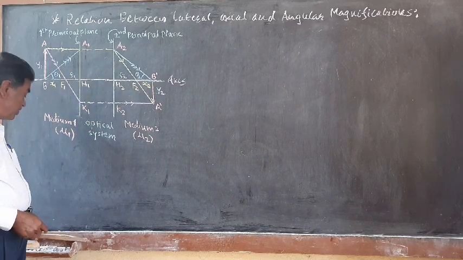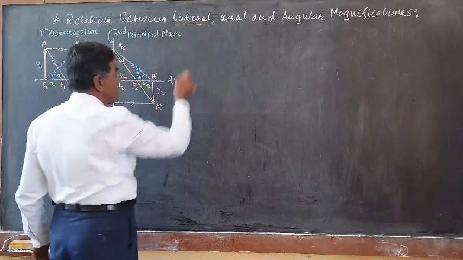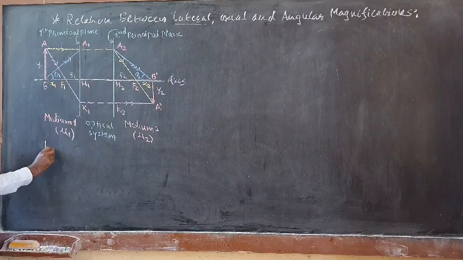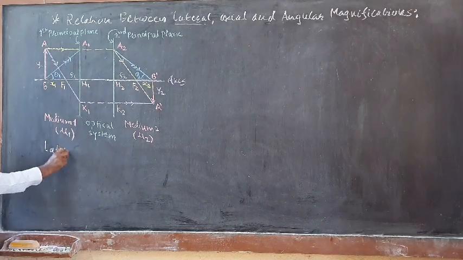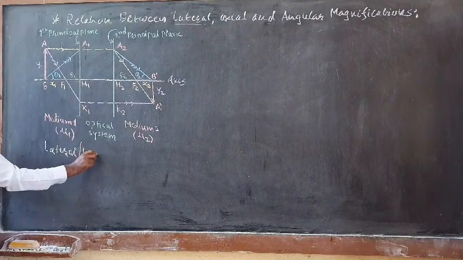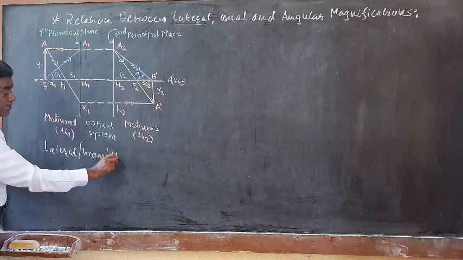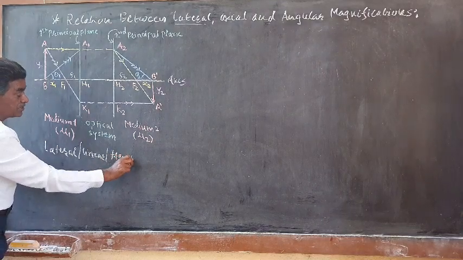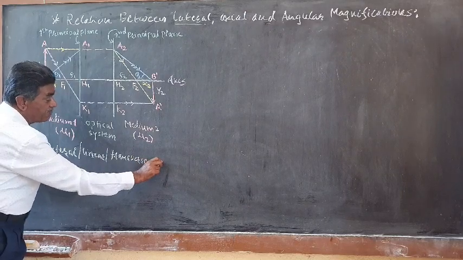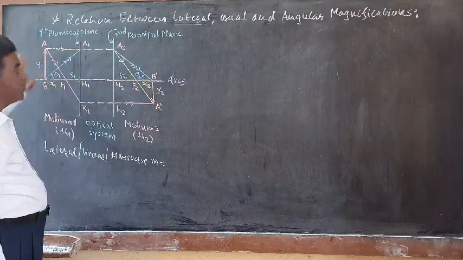Now we will define the lateral magnification. Lateral magnification is also called linear magnification, or transverse magnification, and it is denoted by M. It is defined as the ratio of the height of the image to the height of the object.